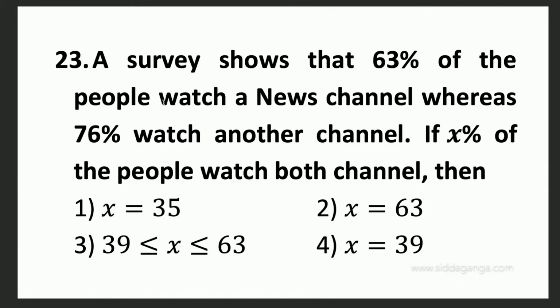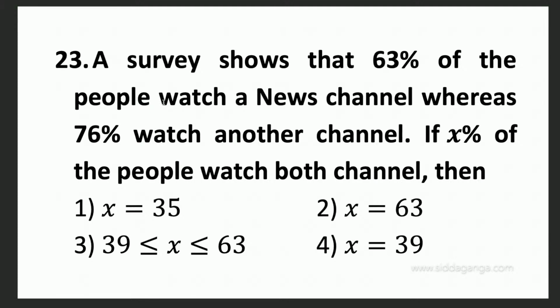A survey shows that 63% of the people watch a news channel, whereas 76% watch another channel. X% of the people watch both channels. The news channel we represent as n of C, which is 63%. The other channel we represent as n of O, which is 76%.